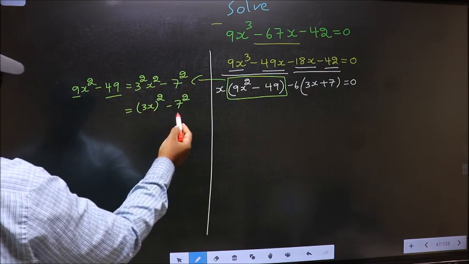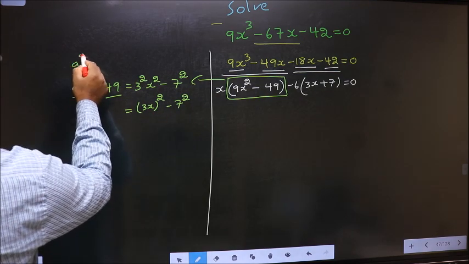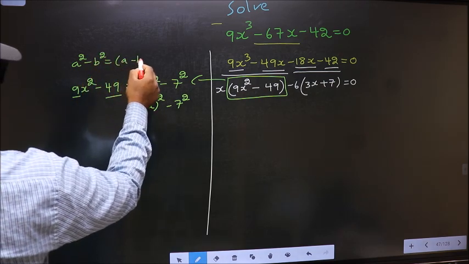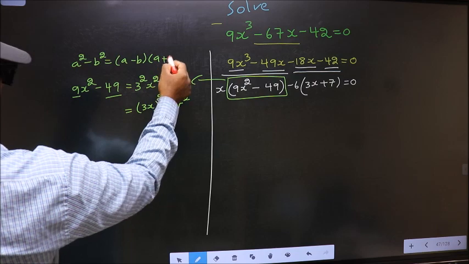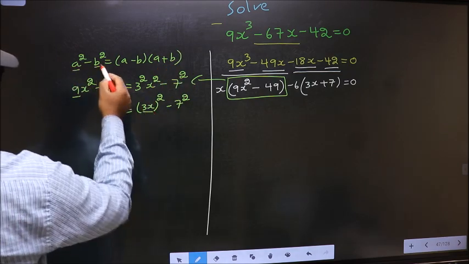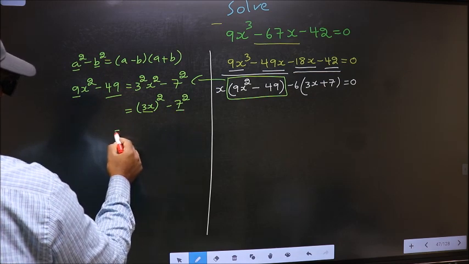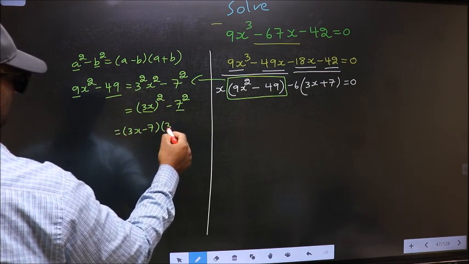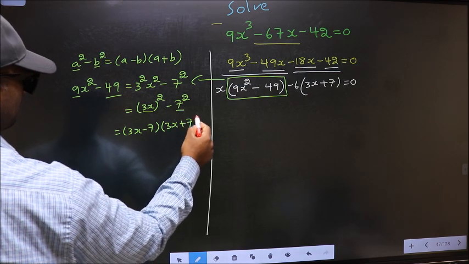Now on this we should apply the formula a square minus b square, that is a minus b times a plus b. In place of a we have 3x, in place of b 7. So we get 3x minus 7 times 3x plus 7.